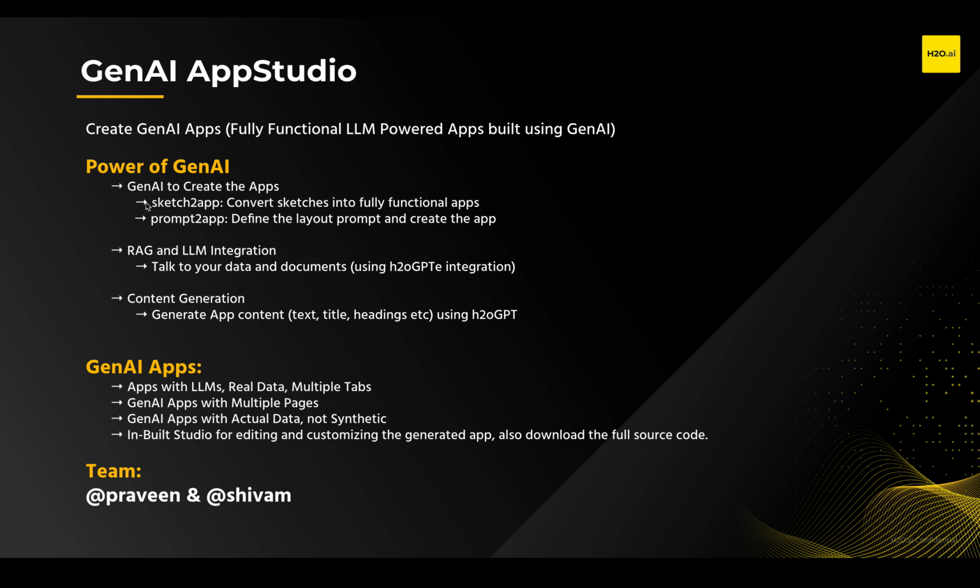The other way in which GenAI is being used in the GenAI App Studio is by providing RAG capabilities and LLM capabilities in the final applications, in the final end products, which are the generated apps.